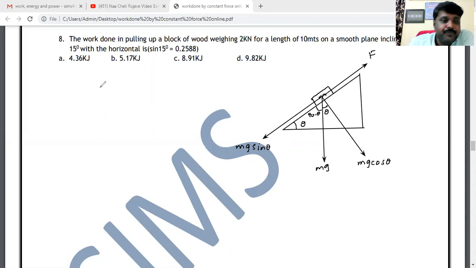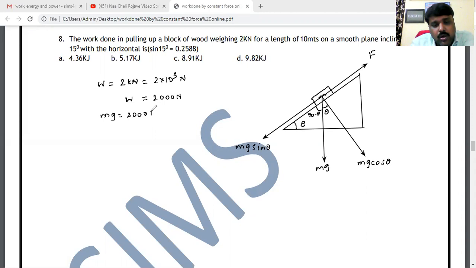Now let us write the weight of this block, W equals 2 kilonewton, in the sense 2 into 10 power 3 Newton, or 2000 Newton. That means W, in the sense mg, equals 2000 Newton.